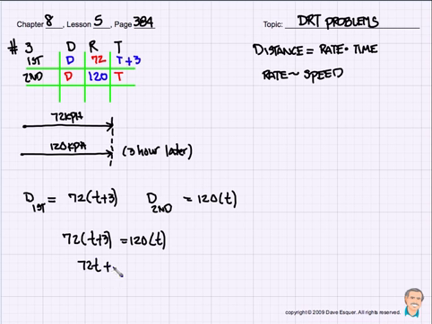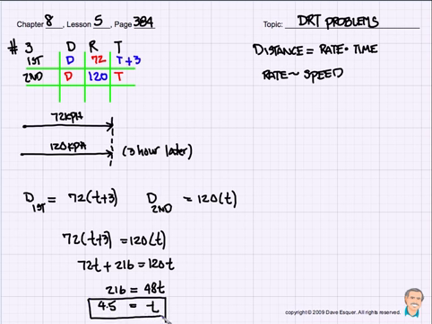Or if we distribute, we have 72t plus 216 is equal to 120t. If we subtract 72t from both sides, we end up with 216 is equal to 48t. And if we divide both sides by 48, t turns out to be equal to 4.5.